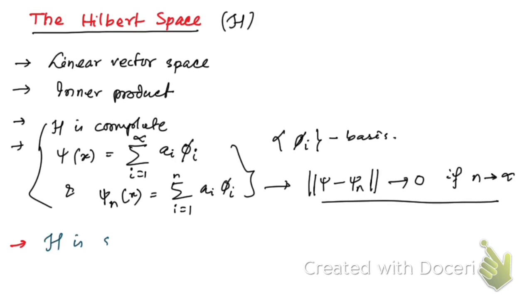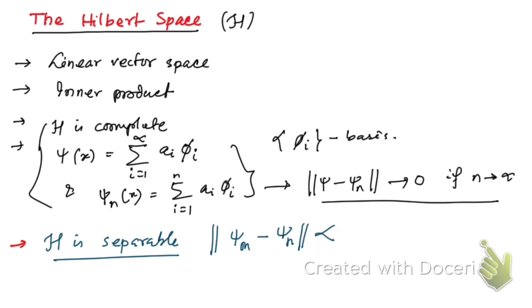What does separable mean? Here mod of psi m minus psi n must be less than epsilon, where epsilon is some positive number. To understand better, when we say vector space, it is a set of a large number of vectors.